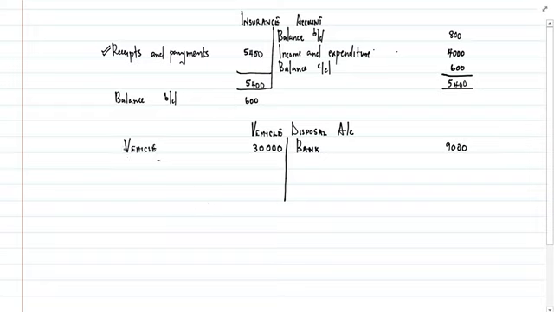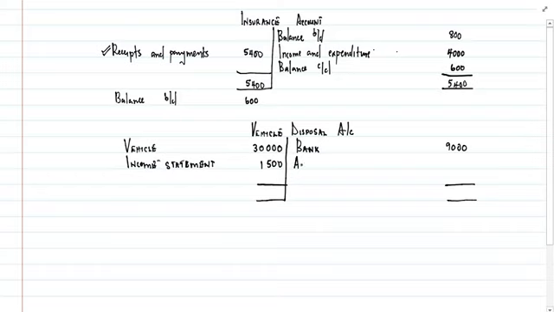Remember, profit on disposal would be on the debit side of the disposal account. So say income statement or else profit and loss, which is 1,500. Then the balancing figure will be our accumulated depreciation.